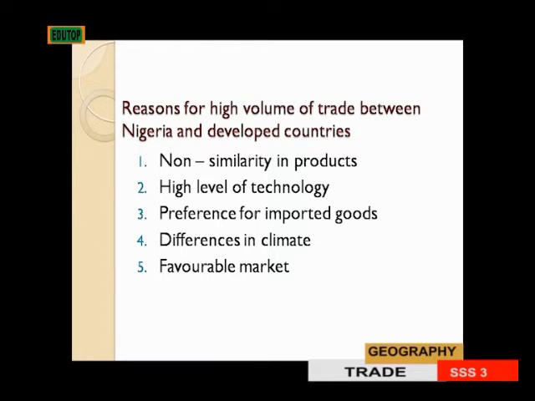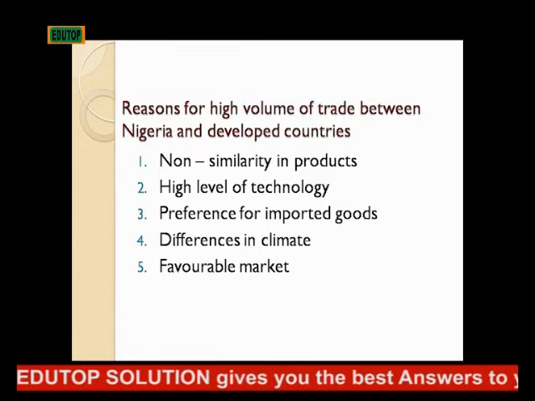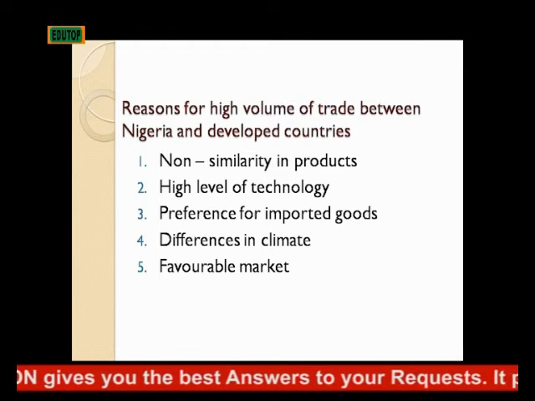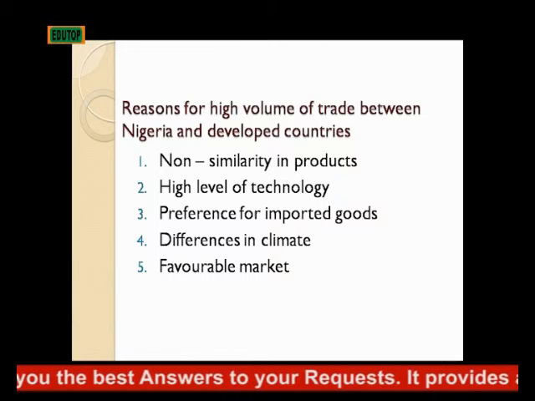And there is a high level of technology also as a reason. The advancement in technology in developed countries will aid in the production of certain goods or products, which in turn will be so needful or necessary for us here, and as such, there will be that platform for international trade between Nigeria and these developed countries.